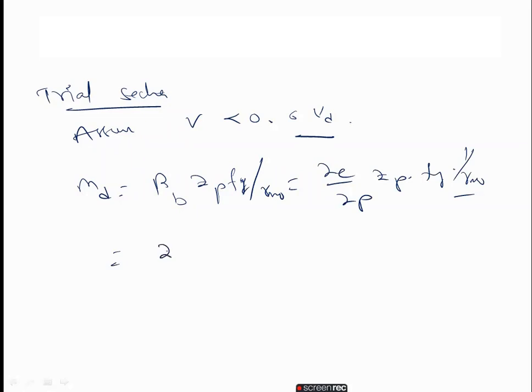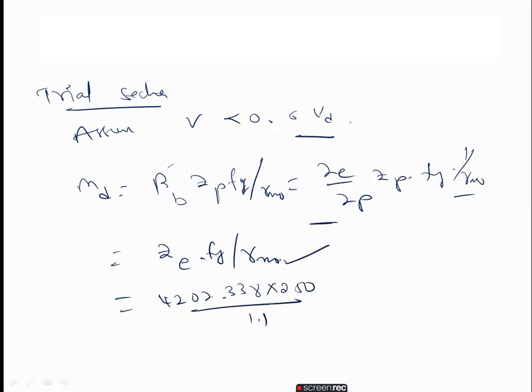So now we will calculate Ze into fy by gamma m0. Ze value we know is 4202.338 into fy 250, and gamma m0 is 1.1, the partial safety factor. Once you substitute here, you will get 955.07 kilonewton meter. This is the value we will get.